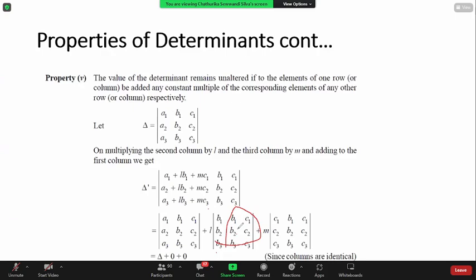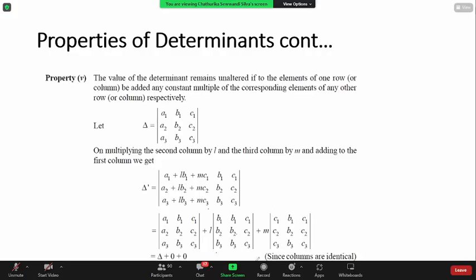Two columns are same. Right? Under one property of determinants, we learned that if two rows or two columns are same in a particular matrix, the determinant is going to be equal to 0. Right? Now come to this matrix. What is the determinant of this matrix? Again 0. Why? Two columns are equal.